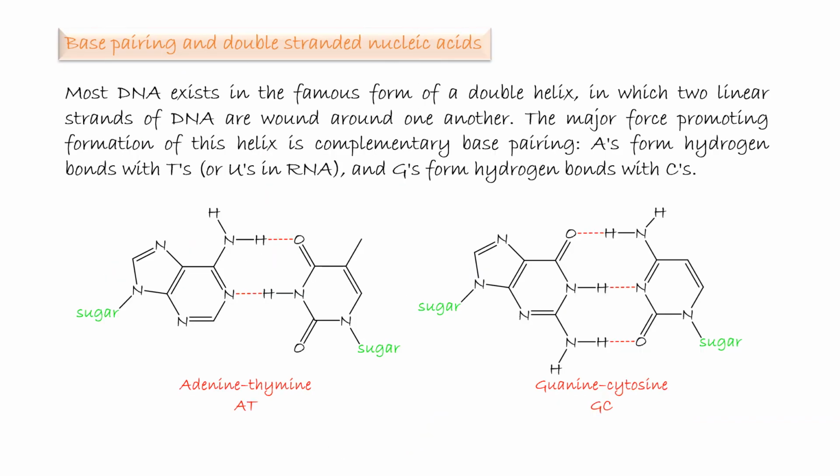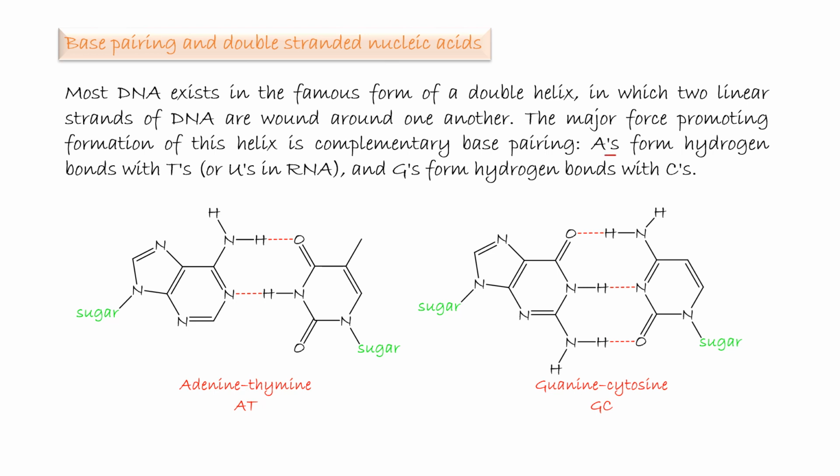Most DNA exists in the famous form of double helix, in which two linear strands of DNA are wound around one another. The major force promoting formation of this helix is complementary base pairing.